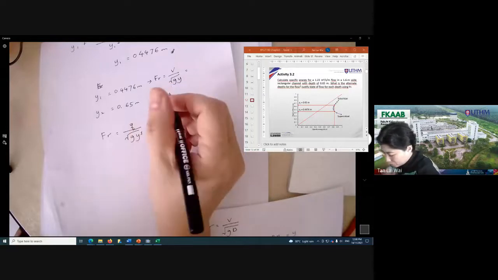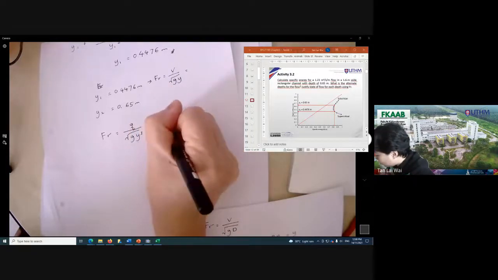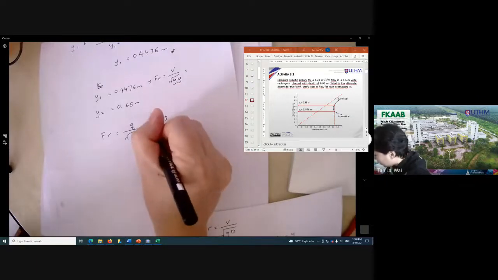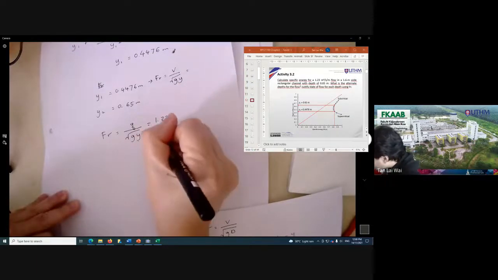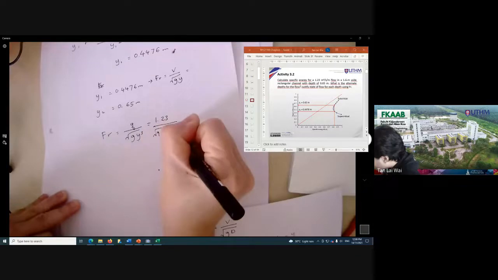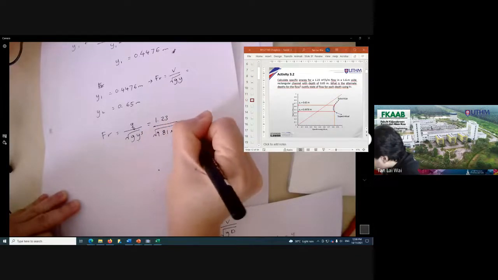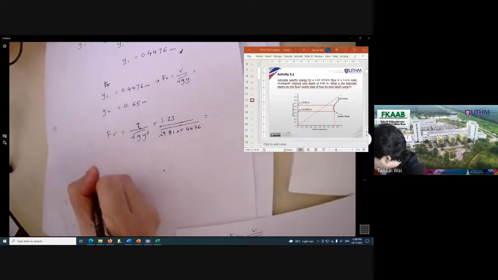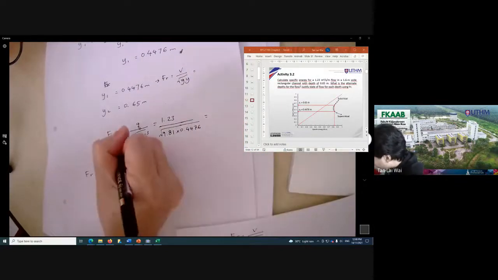Okay, so you have your q of 1.23. This you need to help me calculate because I'm using 1.2. Another set would be this. I'm using Froude 1.